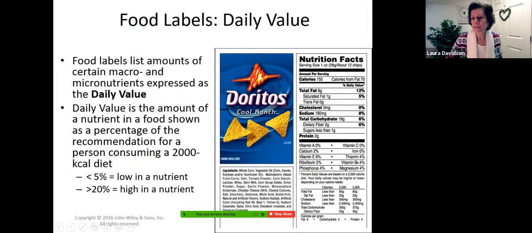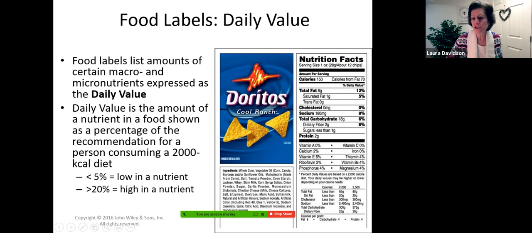And for the chips, it's 1 ounce, or about 12 chips. So I'm assuming this is a little bag. Sometimes you'll see another row that says servings per container, but this is what you need to know.